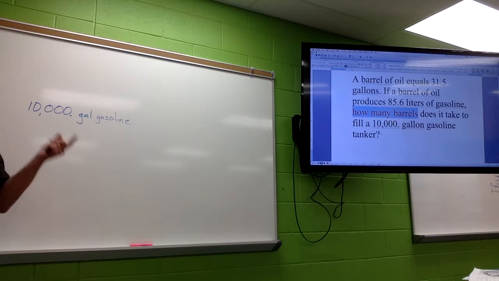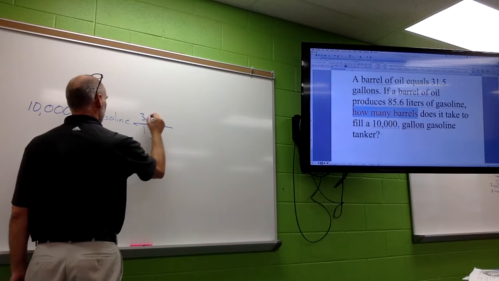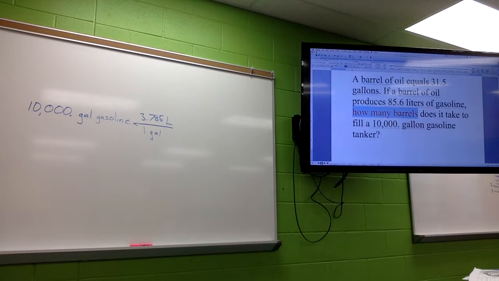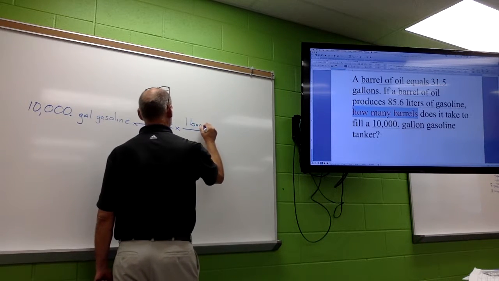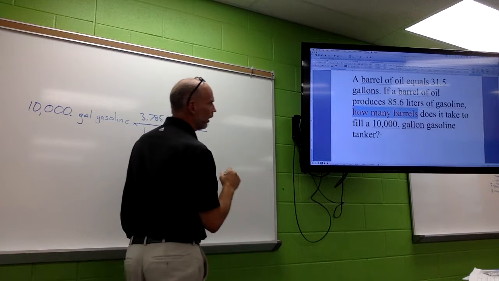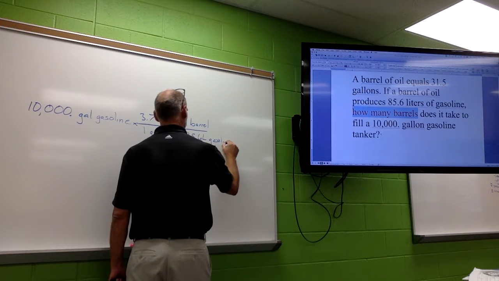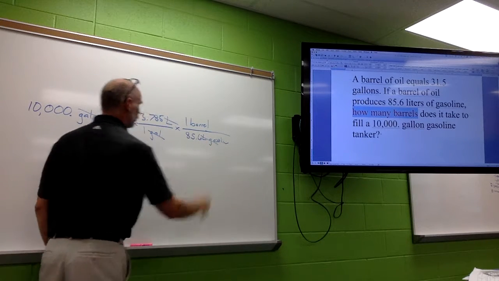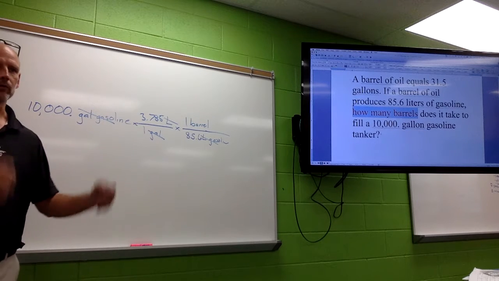I can go gallons to liters. We know how to do that. We did that one last problem. Now I can go from liters of gasoline to barrels of gasoline, because we know there is 1 barrel for every 85.6 liters. My gallons of gas cancel, my liters cancel, and I'm left with barrels. And what am I trying to find? Barrels. Done.